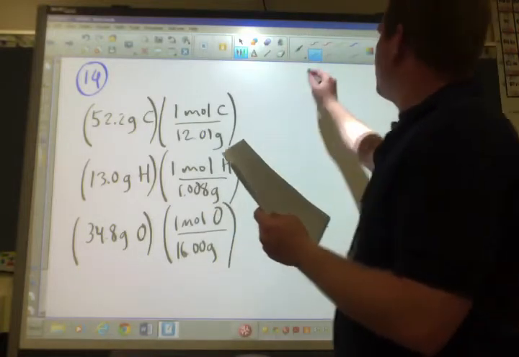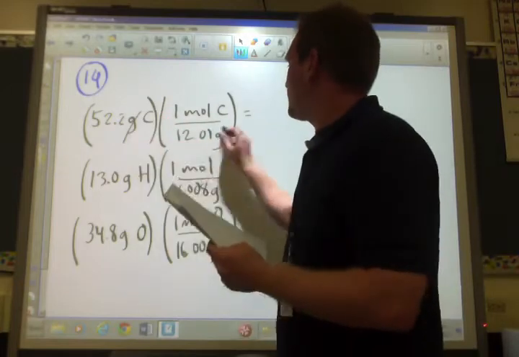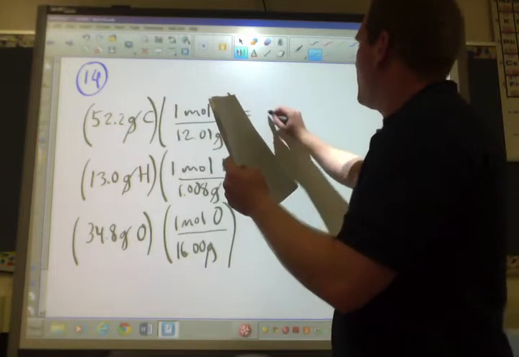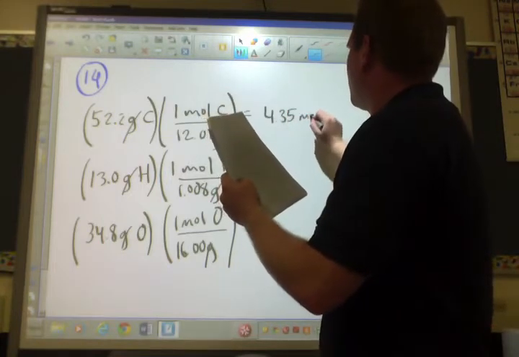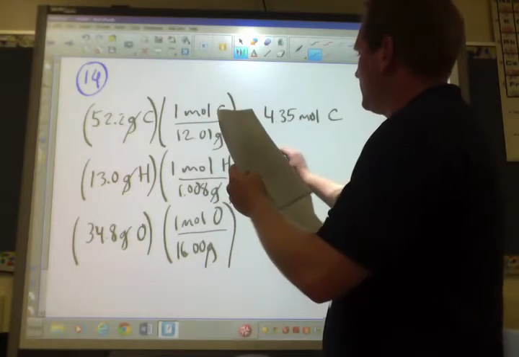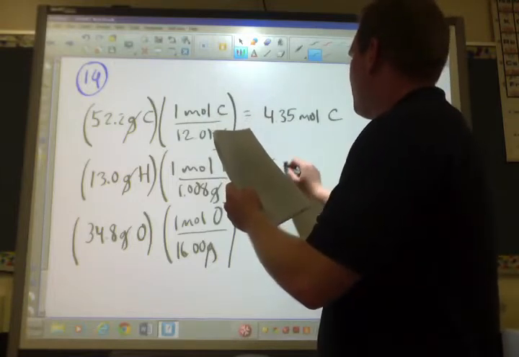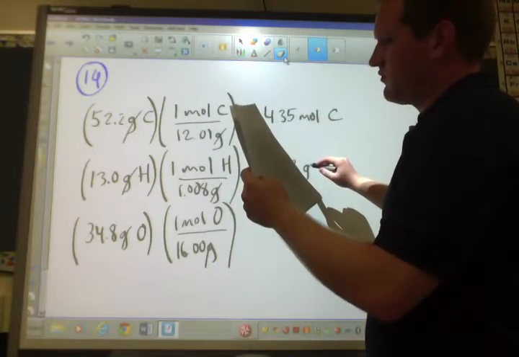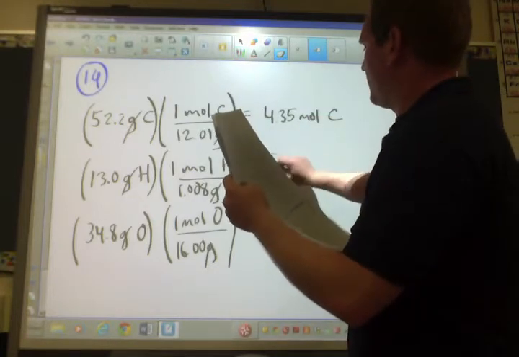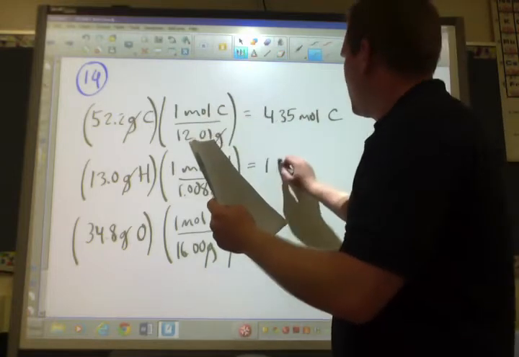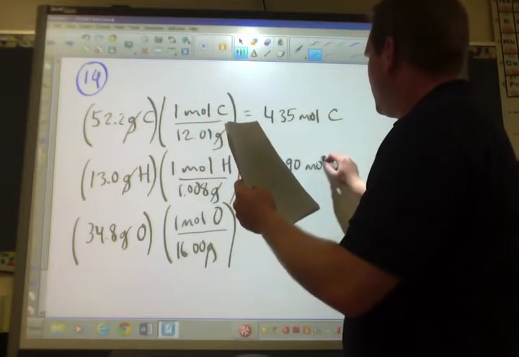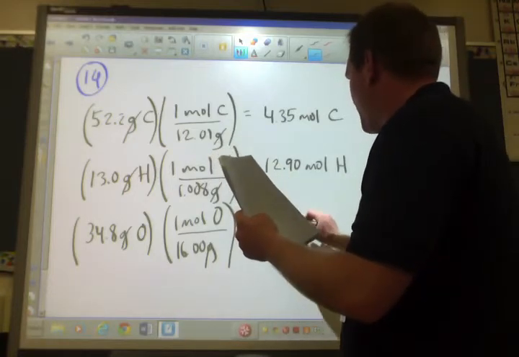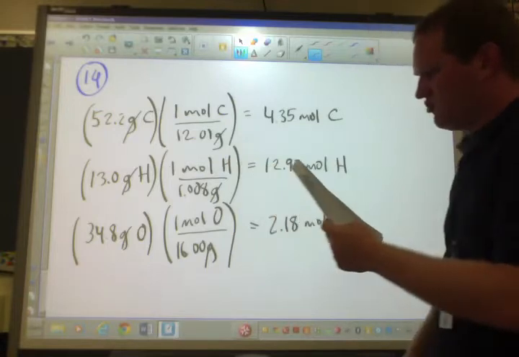And what we get is, gram cancels gram. We're left with moles. 4.35 moles of carbon. I'm looking at the wrong answer. So yep, 12.90 moles of hydrogen, and we get 2.18 moles of oxygen.